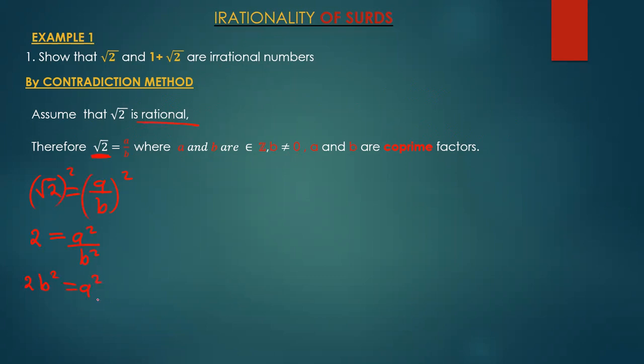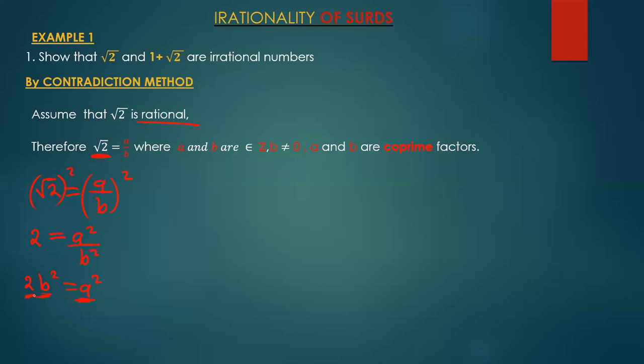If you look at this statement, it means that for you to find a squared, you have to multiply b squared by 2. Meaning if we divide a squared by 2, we're going to get b squared.